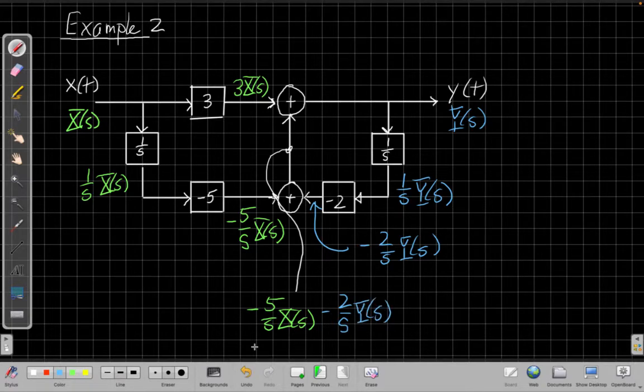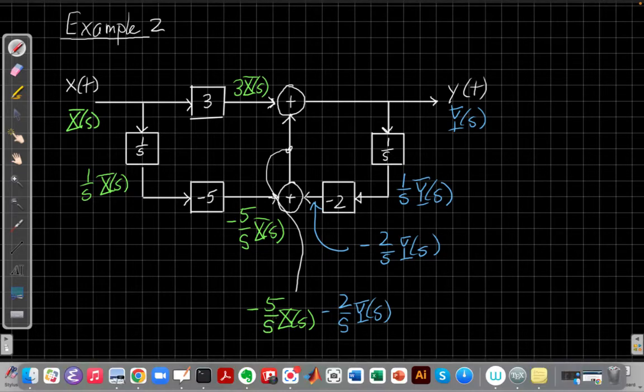And now I'm just about done in terms of what I need to find the output from the input, in that I've got this branch and this branch to the output of the adder.